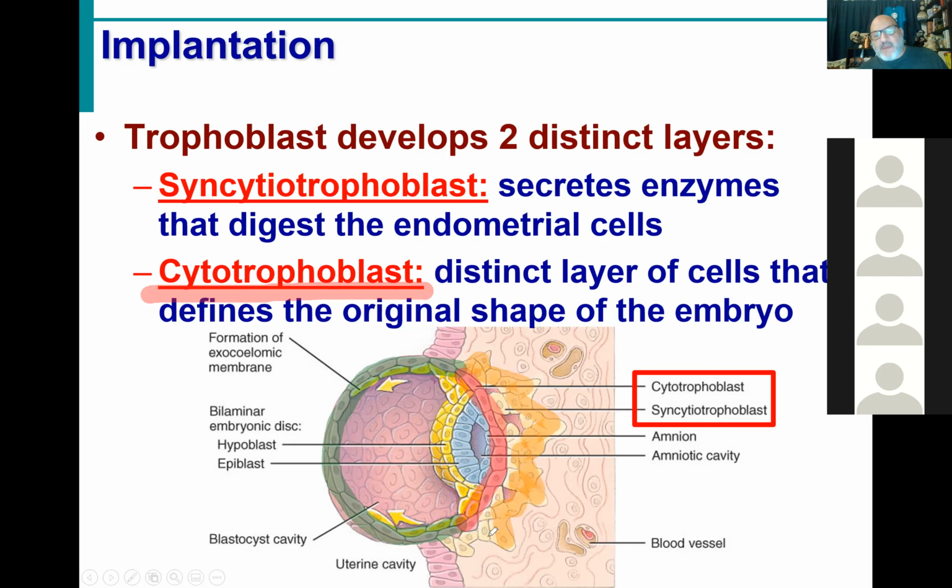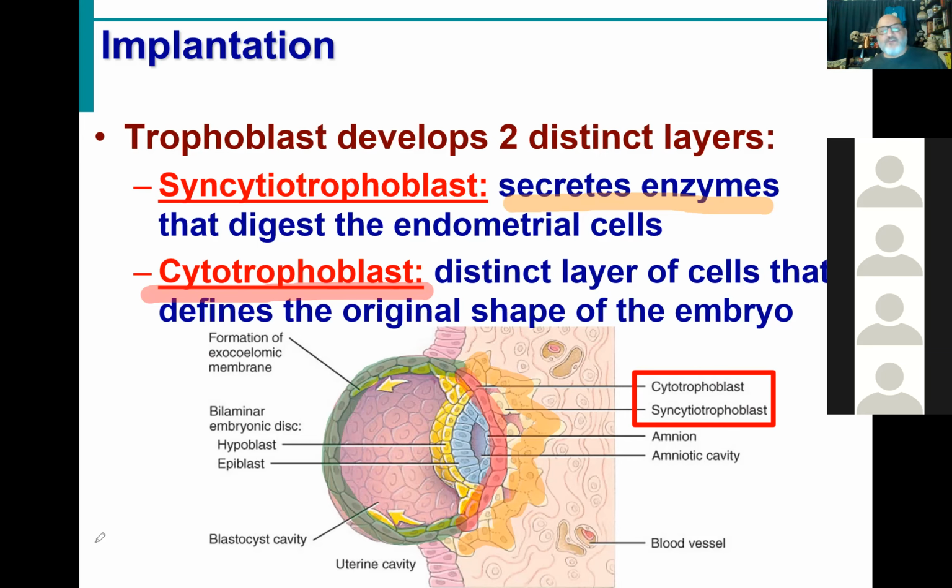And as they expand out, they become almost glandular in nature, where they're producing and releasing digestive enzymes. And these digestive enzymes start to break down the functional wall, basically dissolving the functional wall to form a space that the blastocyst can implant itself into the functional layer.